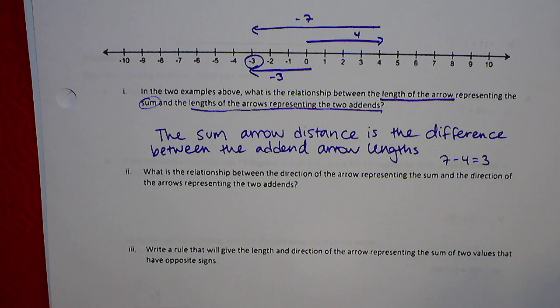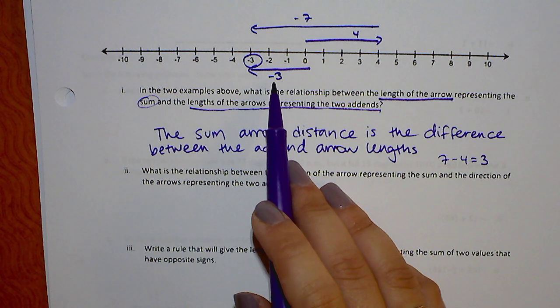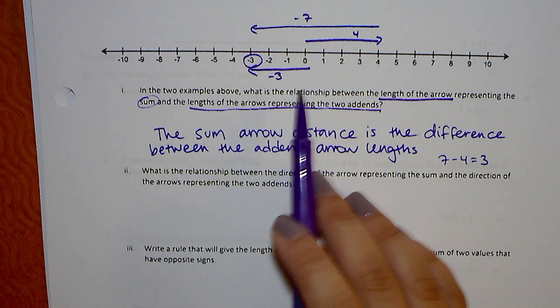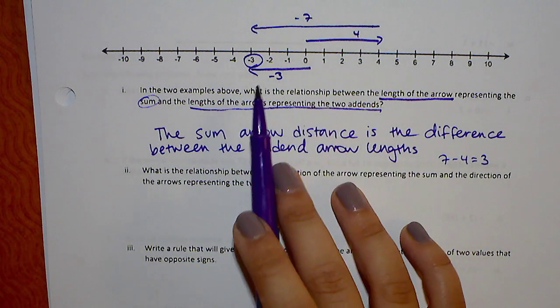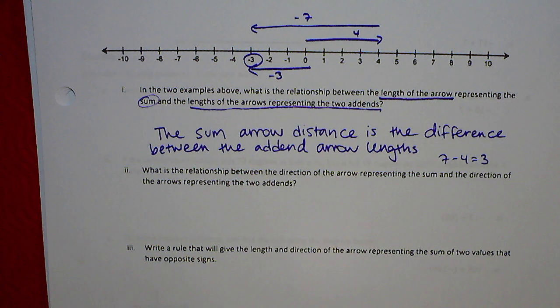What is the relationship between the direction of the arrow representing the sum and the direction of the arrows representing the 2 addends? These are going right and left, but this one's going left. So how do we know which way the sum is going to go?